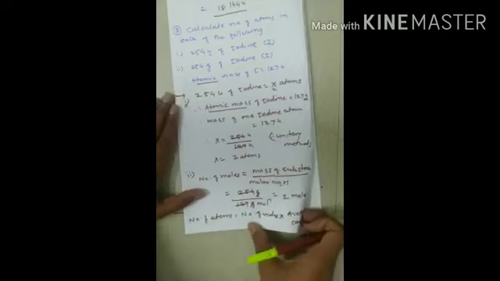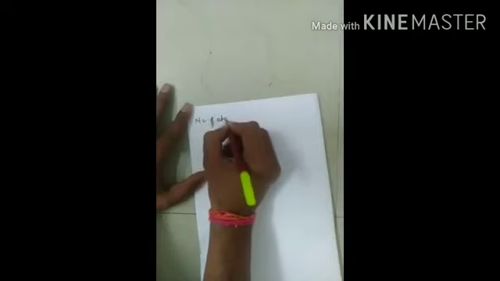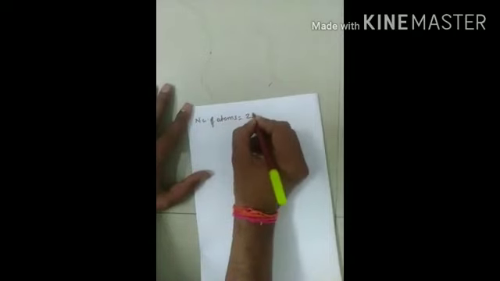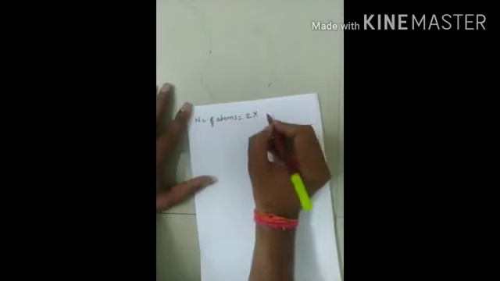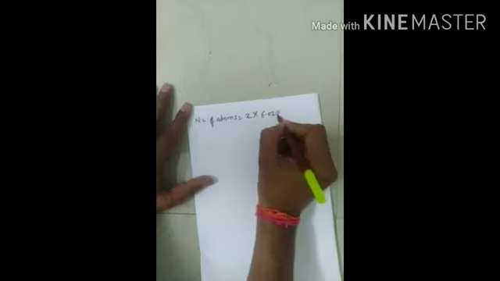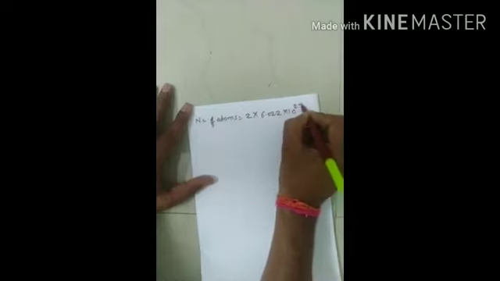So we will put the value and solve this question. Very easy question, only you must know some basic parameters in it. Here I will put the value. I will get number of atoms as number of moles 2 and Avogadro's constant 6.022 into 10 raised to 23.